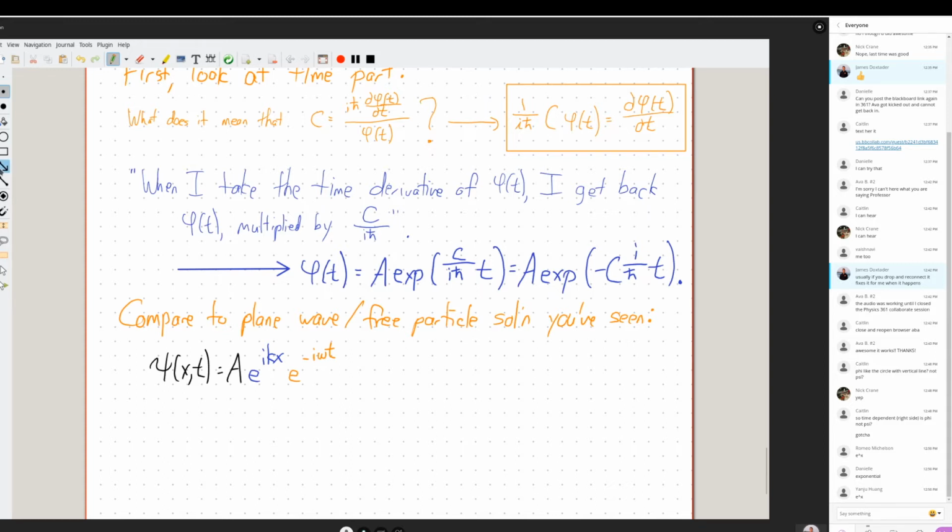This lets us identify omega as c over h bar.